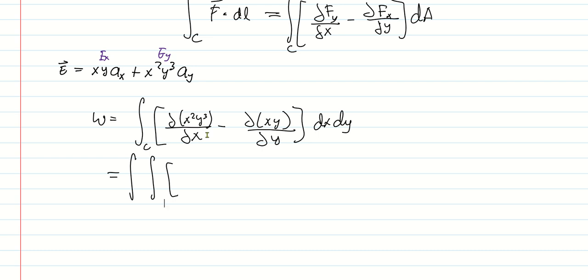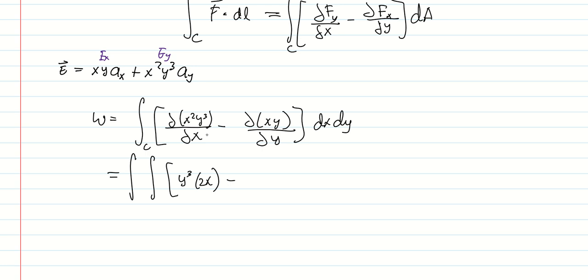It's not the derivative of a product, it's just a constant times x squared. So that will be y cubed times the derivative of x squared, which is 2x. That's how we apply partial derivatives if you forgot the concept.